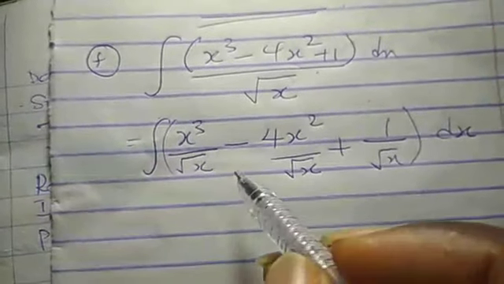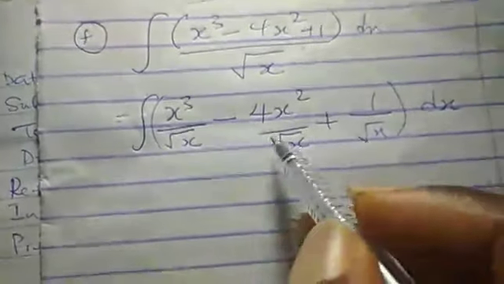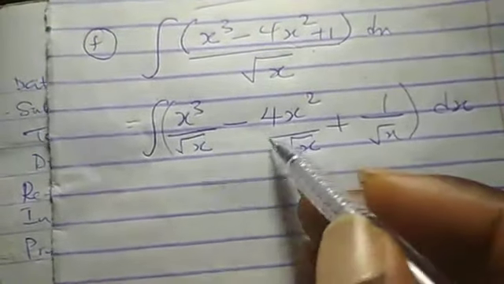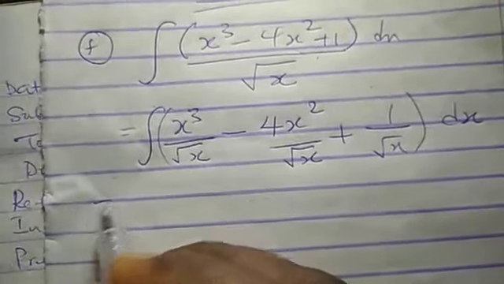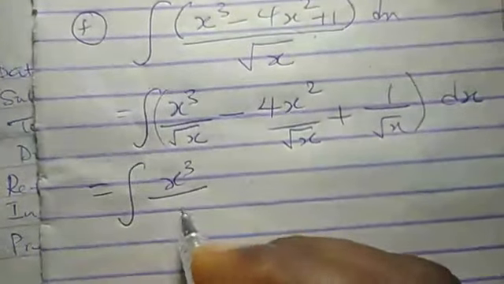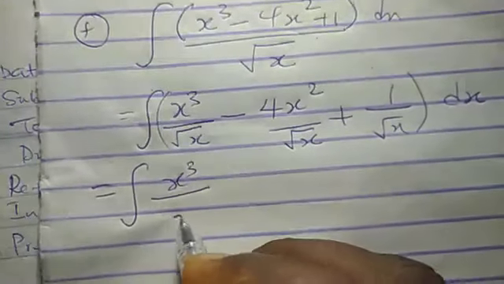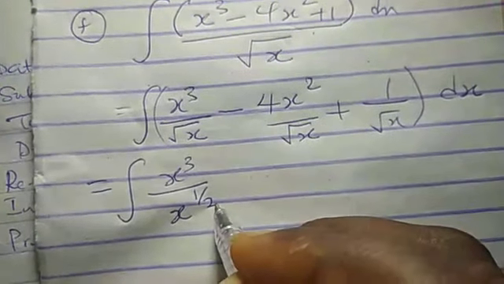If you don't know the knowledge of integration, the knowledge of indices will help us out. If you don't know the knowledge of indices, all these things will be magic to you. Now, from indices which we have done before, this square root simply means s raised to the power half.